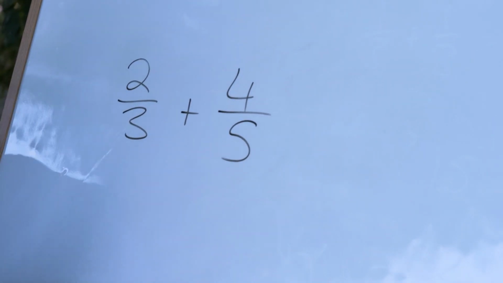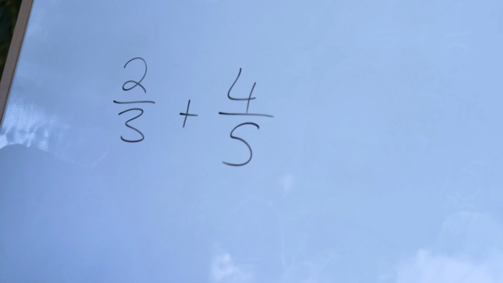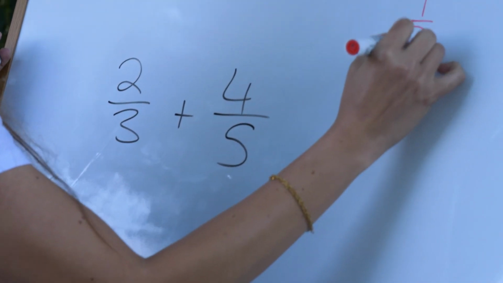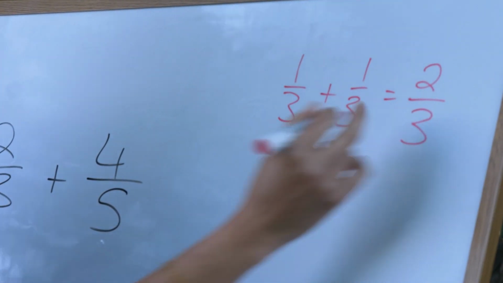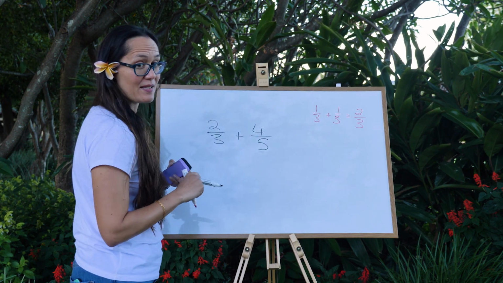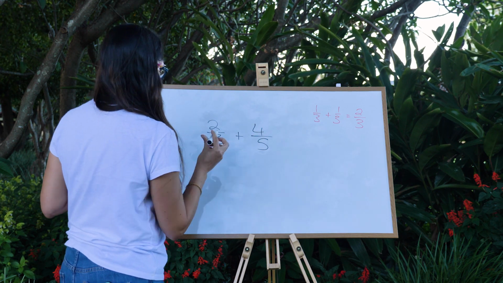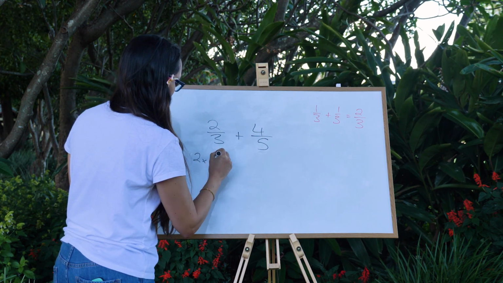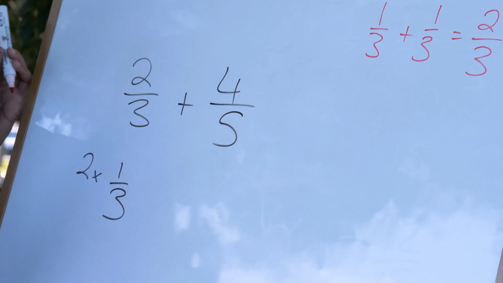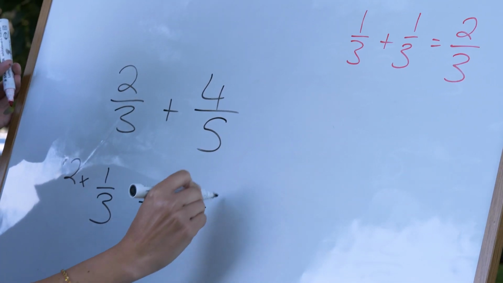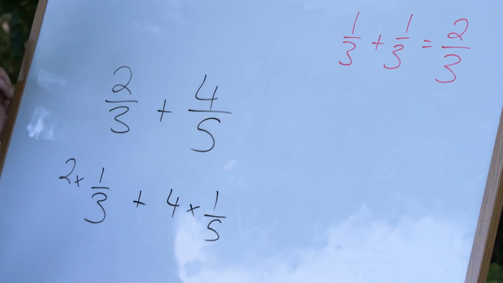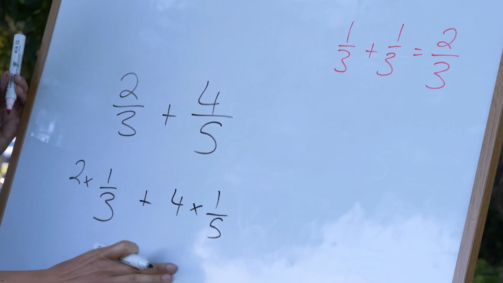So 2/3, well, it's a third, 1/3 plus another third gives me 2/3. And because that's the case, I can actually write 2/3 as 2 times 1/3. And similarly for 4/5, 4/5 is actually 4 times 1/5.